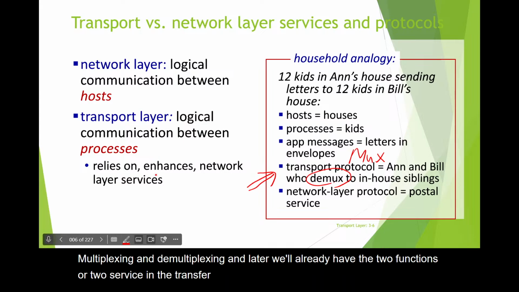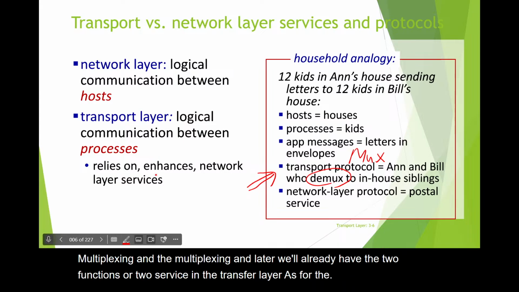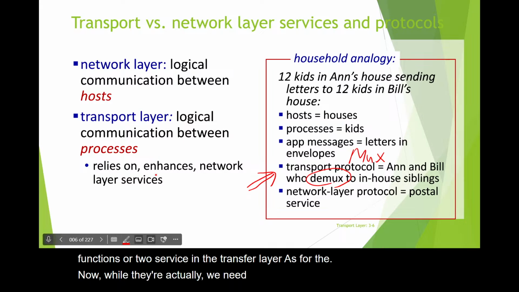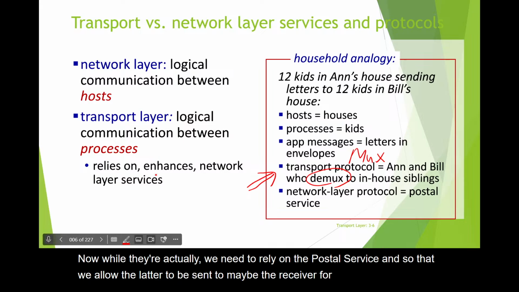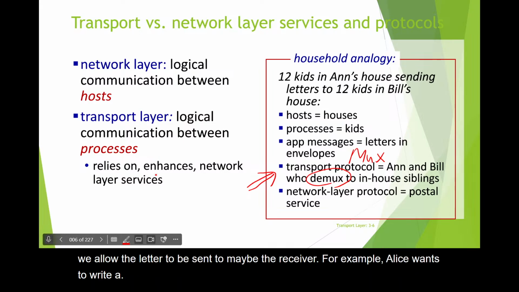As for the network layer, actually we need to rely on the postal service, so that the letter can be sent to the receiver. For example, Alice wants to write a letter to Bill.